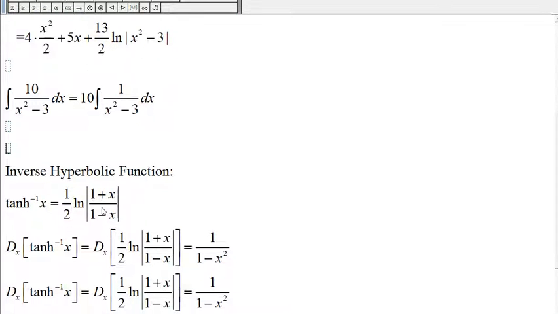And if we find the derivative of this inverse function, the derivative of hyperbolic tangent inverse, if we work this out, will come out to be 1 over (1 - x^2).